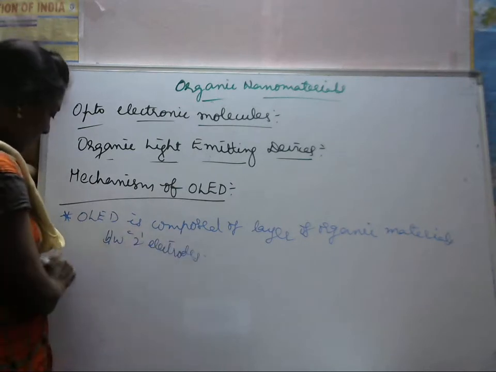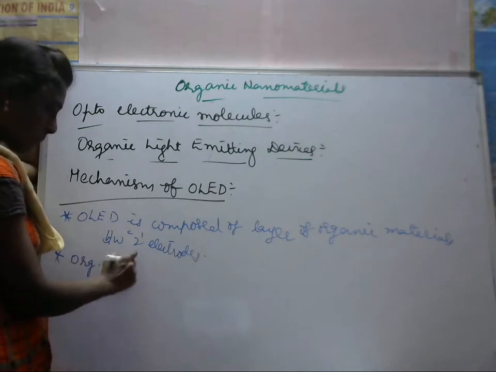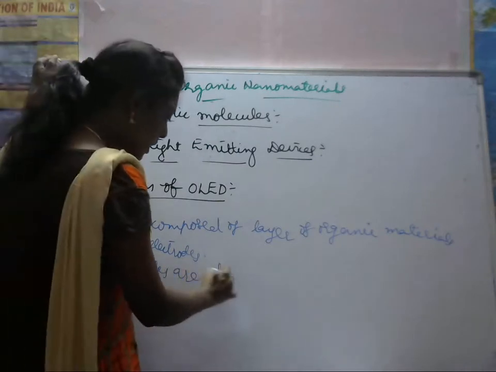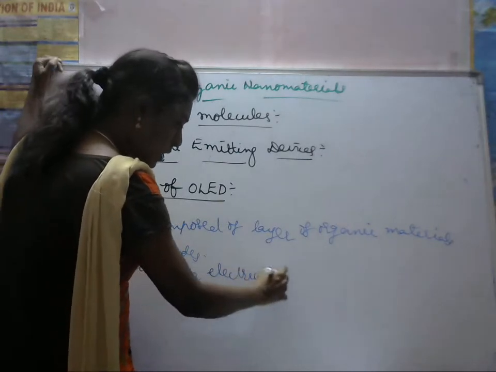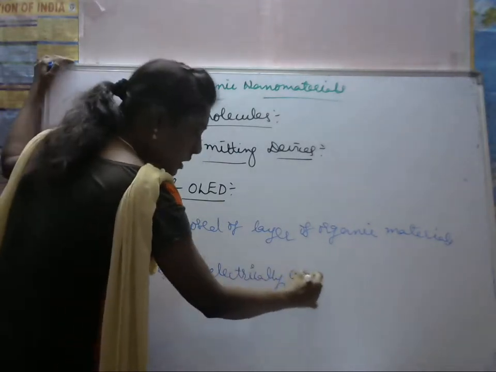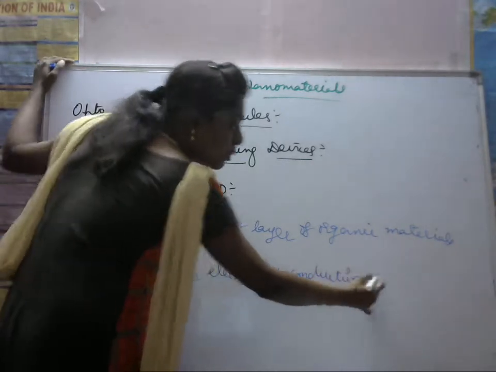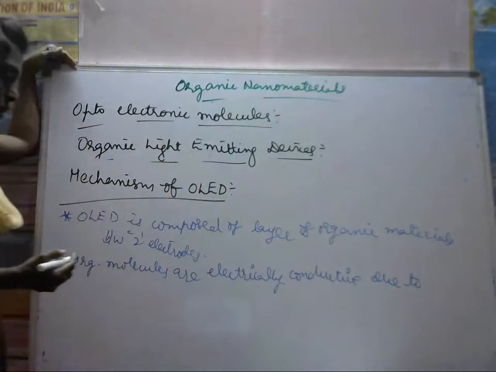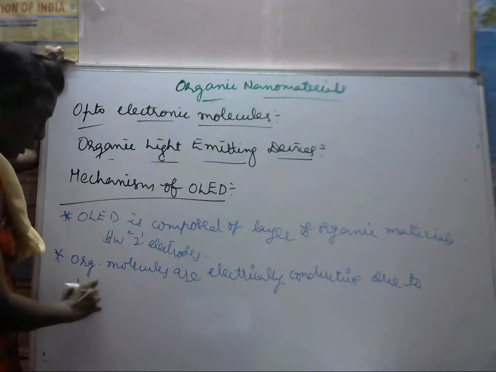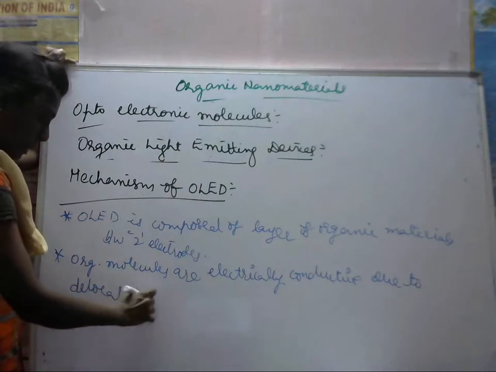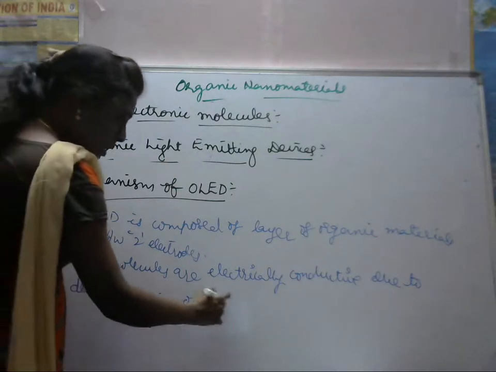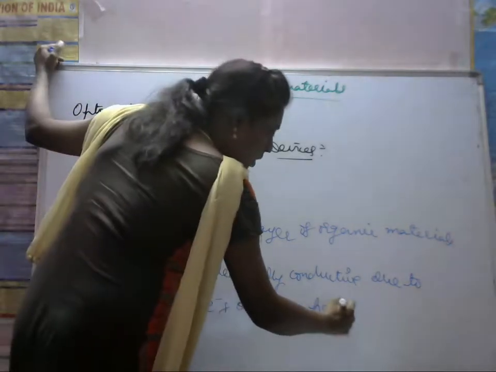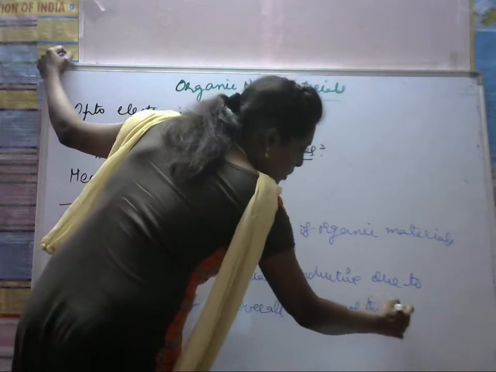Here these organic molecules are electrically conductive. Why are they conductive? Due to delocalization of electrons over the overall molecule or part of the molecule.